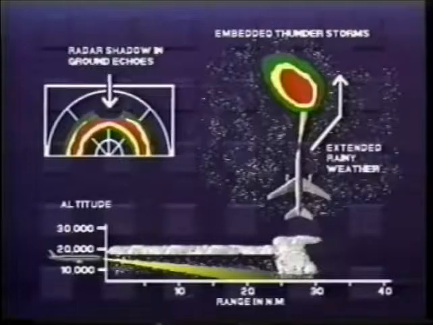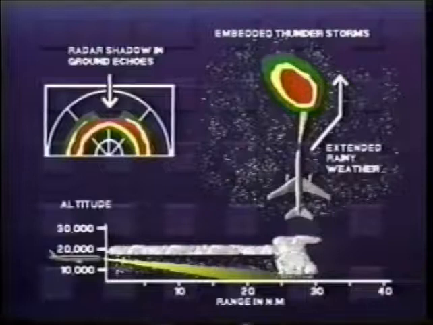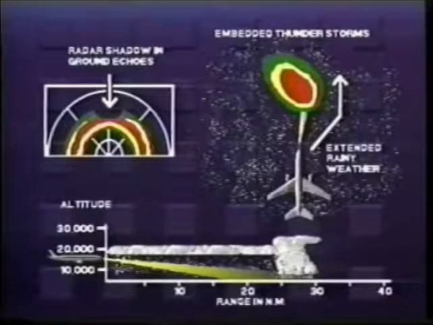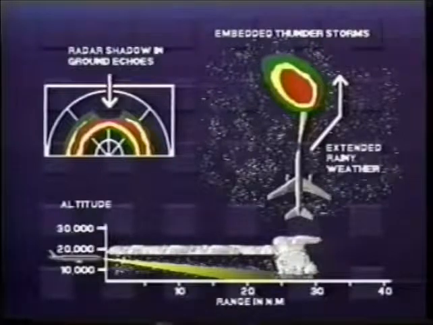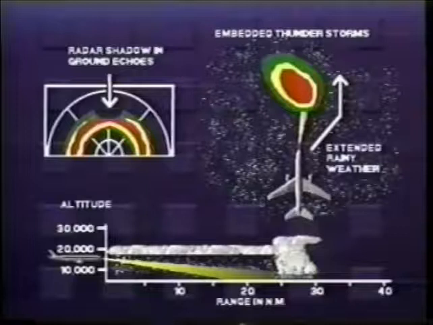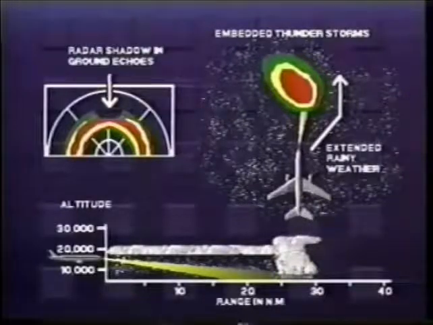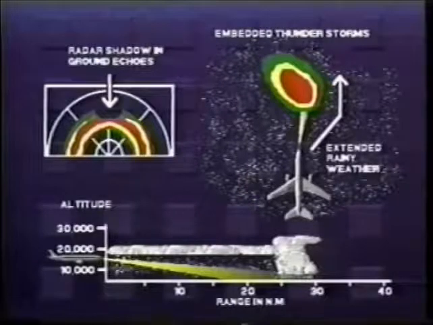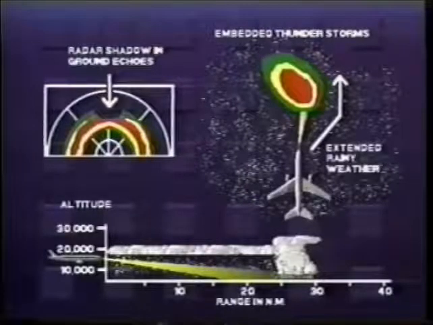Now, when you approach the embedded thunderstorm, you will see the ground returns become shadowed and immediately make the decision to fly away from that area. Under these weather conditions, always fly toward the displayed ground returns. Although this procedure works well in extended rainy conditions, we cannot overemphasize that weather radar should be used for weather avoidance, not penetration.